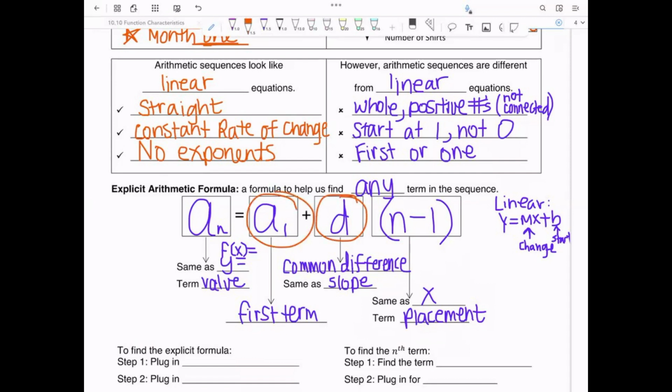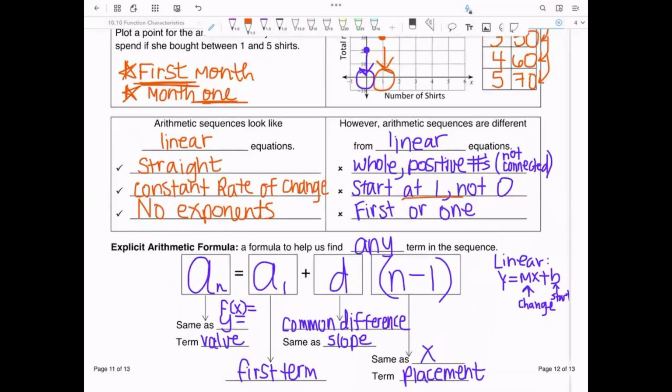The only difference is it's not just our change times our variable. It's our change times our variable minus 1. And that indicates that it is a sequence, because remember, this is starting at 1 and not 0. So our formula has to account for that. In our formula, we have to back it up, and so we say n minus 1 to back up our sequence so that it actually works with the numbers we are given.